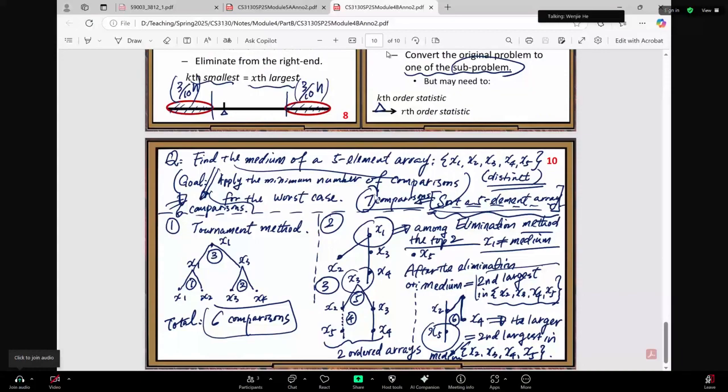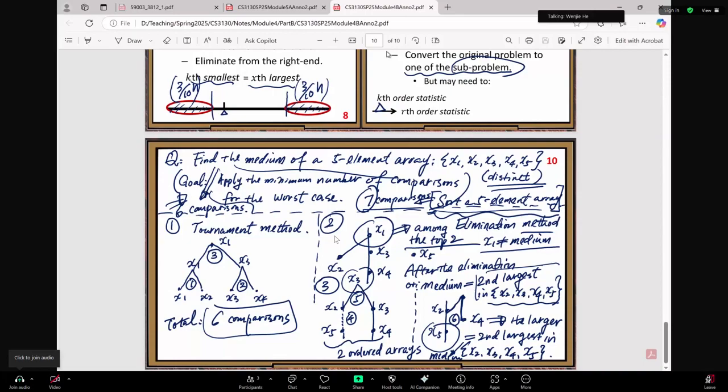Page 10. Find the median of a 5-element array. So, the diagram here is pretty messy. But in the video I explain. If you look at this slide, you may not get it. But if you follow the video, you know how to solve it.